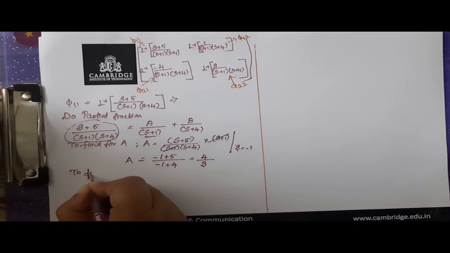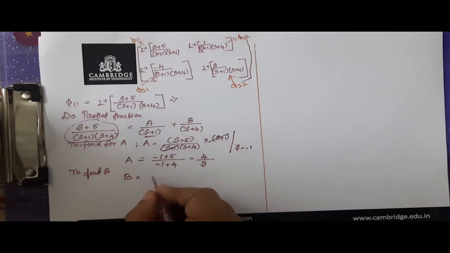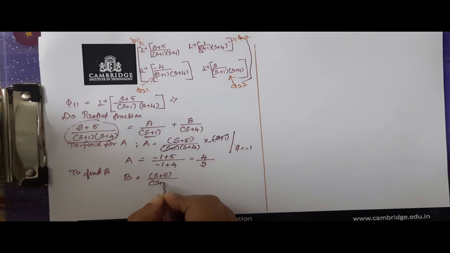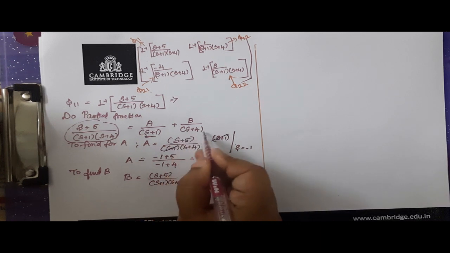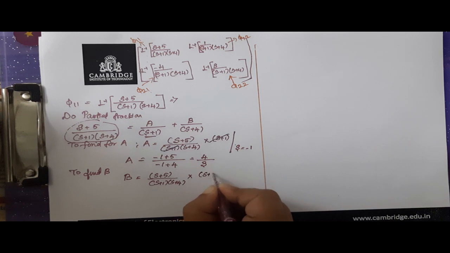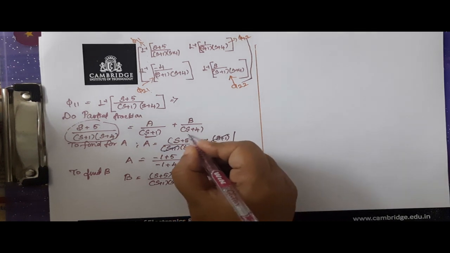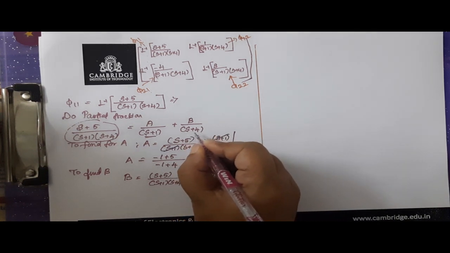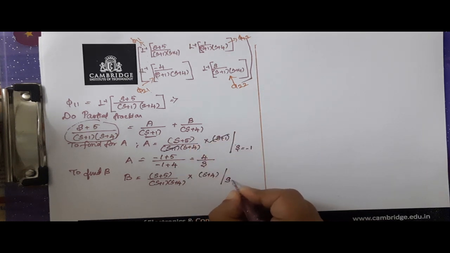To find B, write the left hand side term, (s plus 5) divided by (s plus 1) into (s plus 4), multiplied by the denominator of B, which is s plus 4, at the solution for s plus 4 is equal to 0. So s will be equal to minus 4.